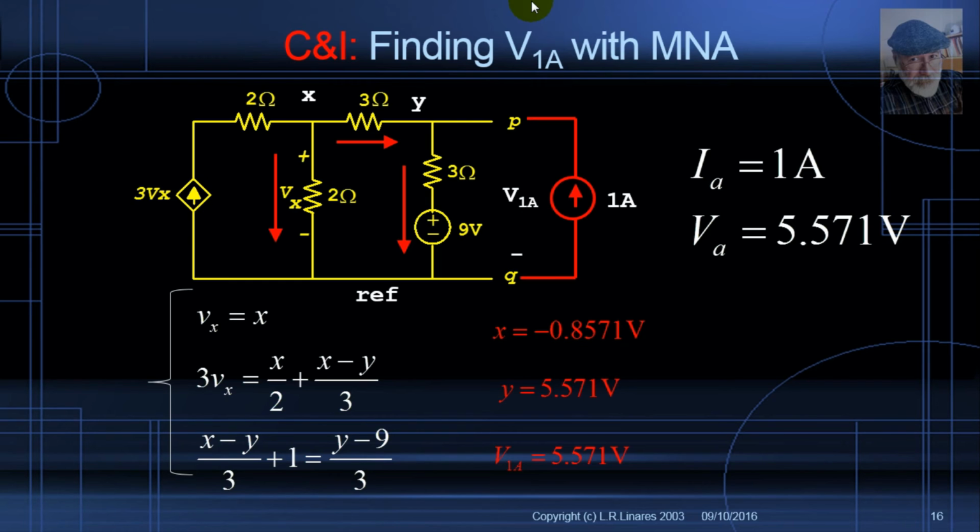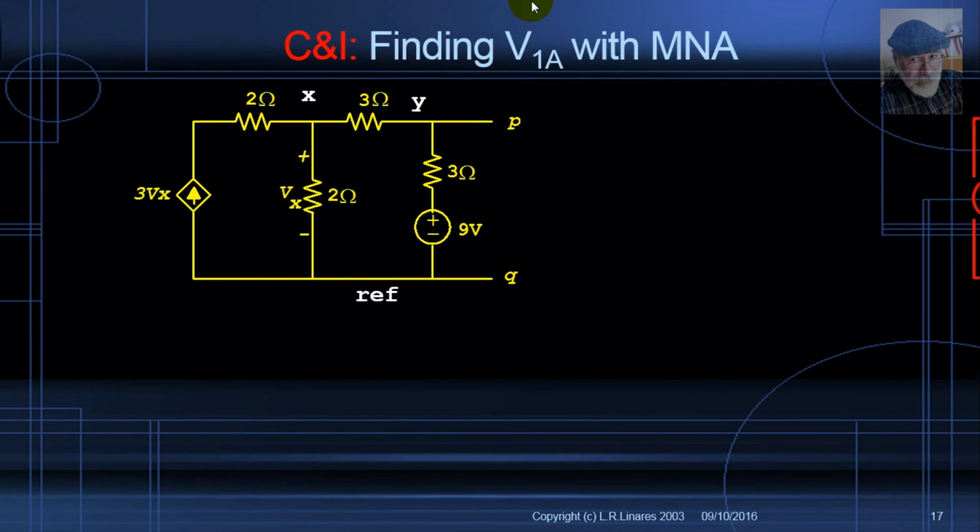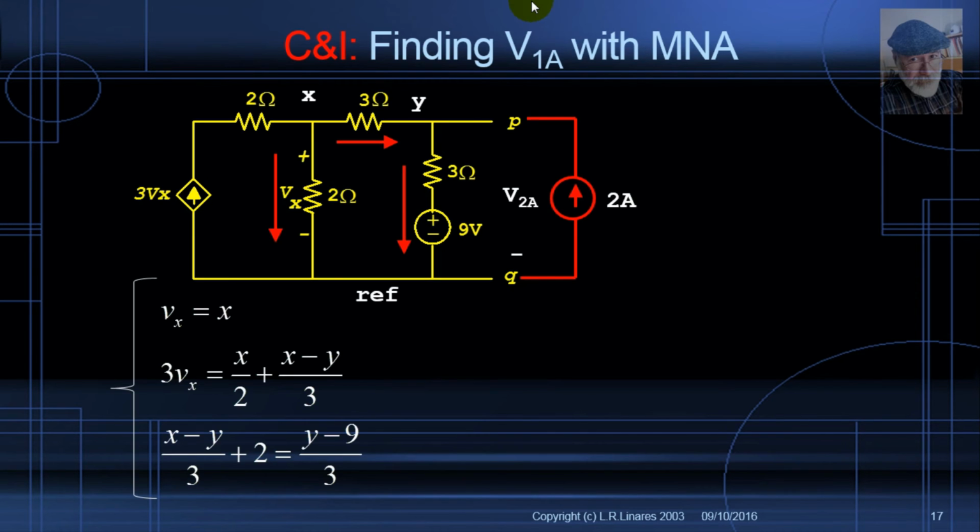Now repeat that test with a different value of the current source. I will use just 2 amps, just because it's easy. And to find the voltage that appears, V2A, that is Vb, we write the equations. Observe, the 2 amps current source appears here in the M&A equations, right?